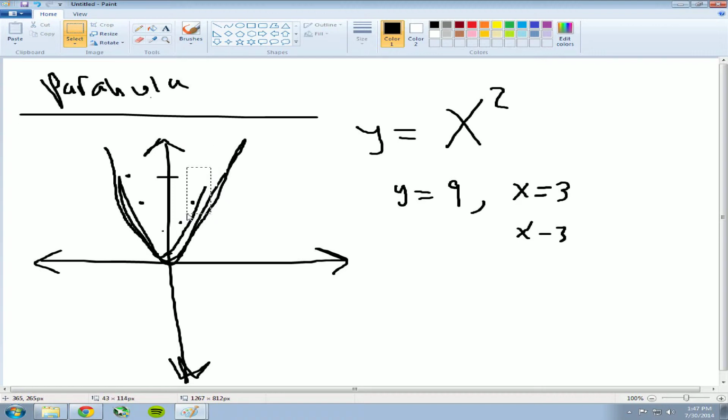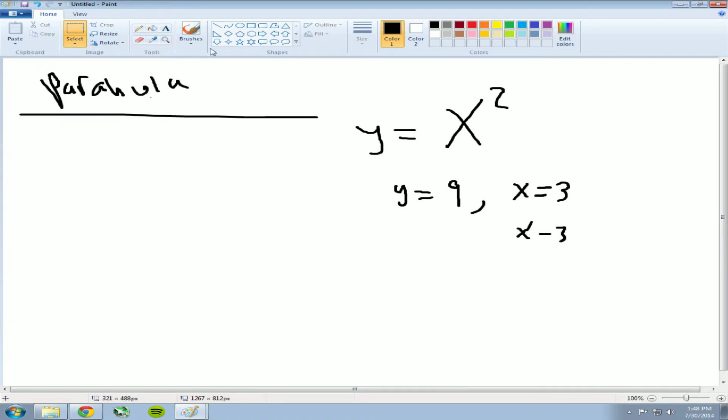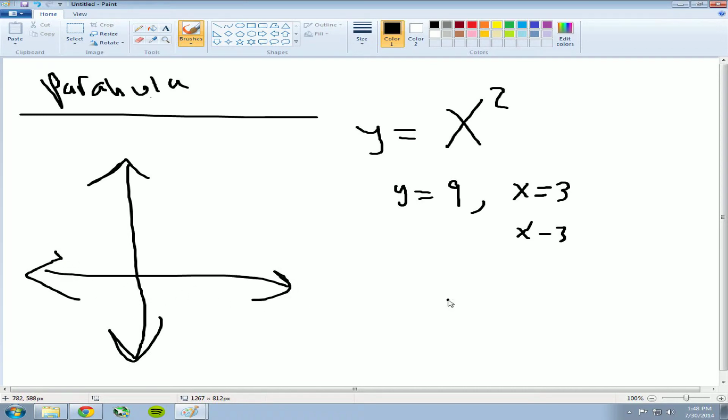You can look at it as there are 2 x's for every y. So if you look at something like x squared plus y equals 0, you know that there are 2 x's for every y.